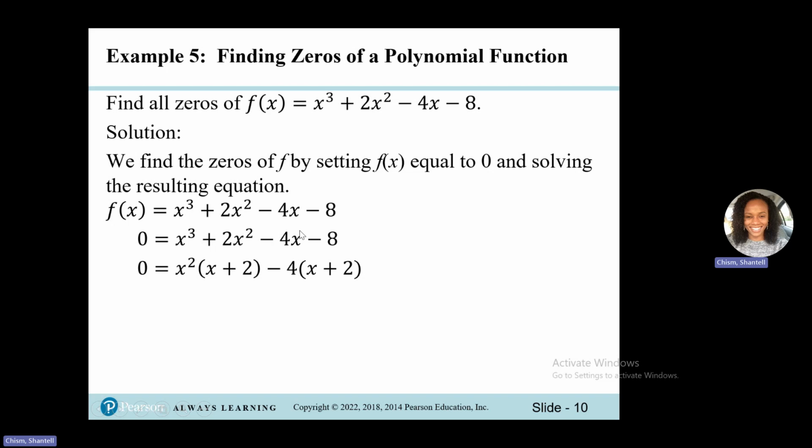Okay? So then we go to these two terms. Notice that this binomial that was left in the parentheses was just a positive x plus 2. So when you look for the GCF or the factor that's common to both of these terms, you want to not only pull out the 4, but pull out the negative 4 as well.